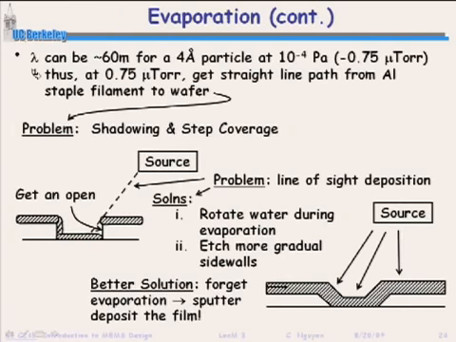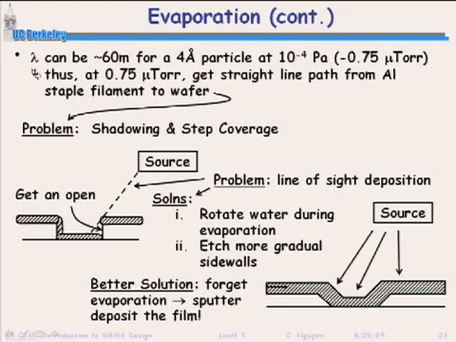Okay, so you can think of this as a point source. Right? You have a point, and you got atoms then coming out in all different directions from that source onto your wafer. And so it's a good way to deposit metal over a wafer. It has some problems, though, in that, for example, if you have a large enough wafer, it's close enough to the source, and usually you're not depositing on just a flat wafer.